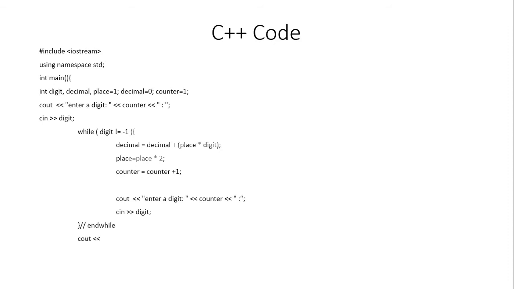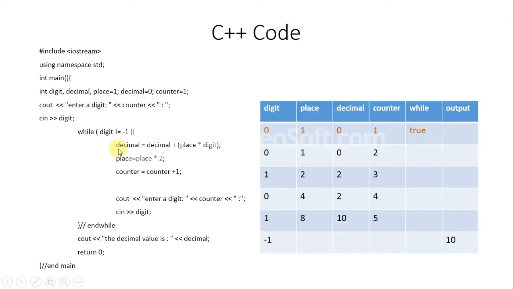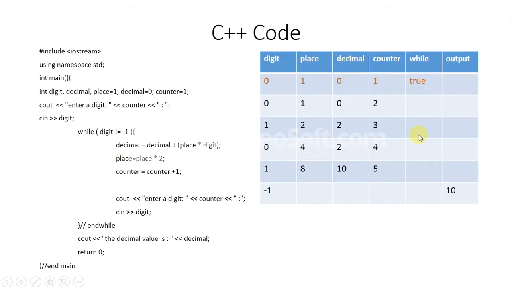Let me show you something I have recorded in my table. If you see, I have digit, place, decimal, counter, while, output. These red values show what I have already assigned before running the actual program. So 0, 1, counter, in the first row.